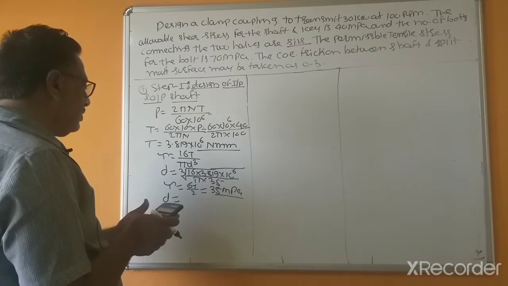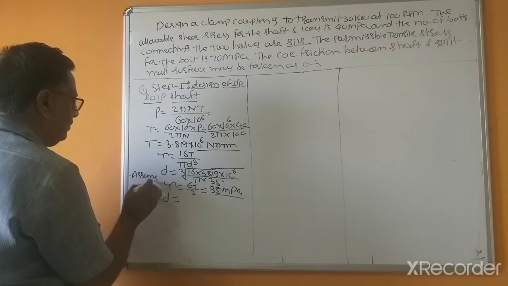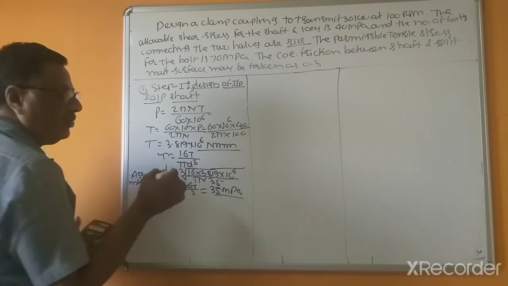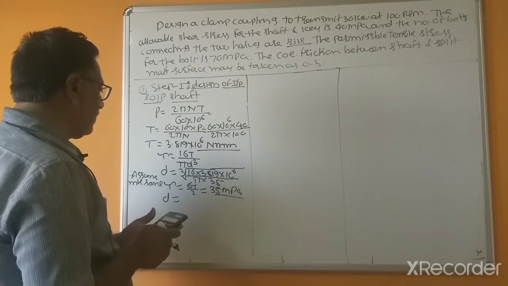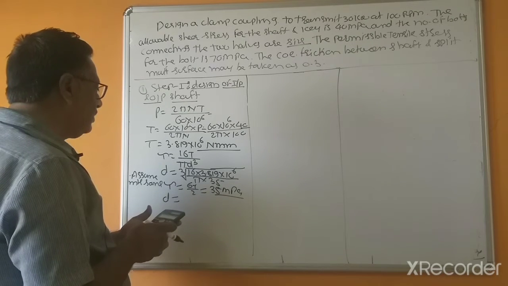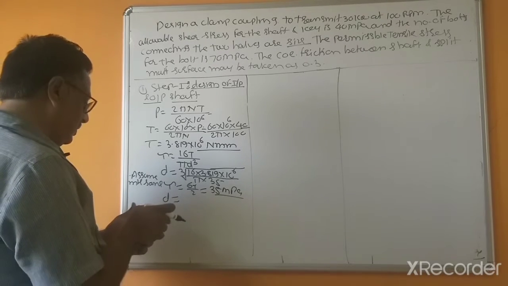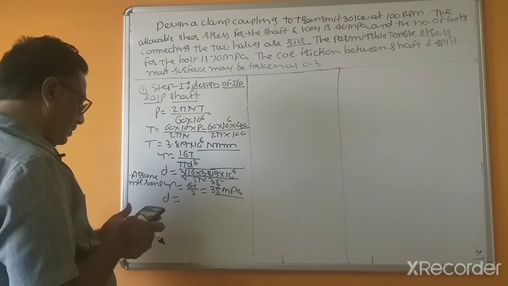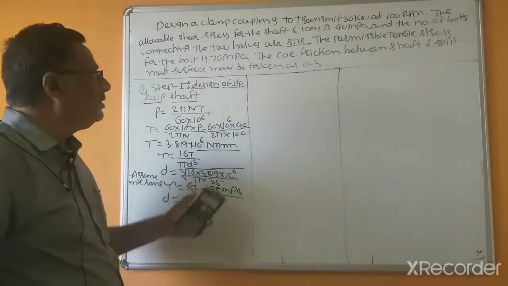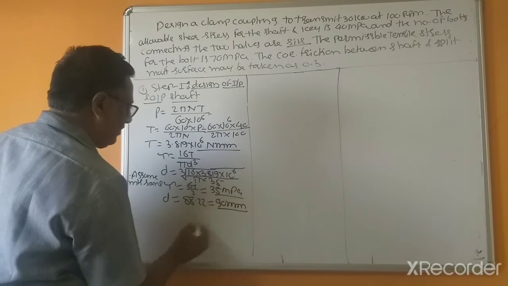We are assuming the material is the same for bolts, shafts and keys. D equal to 82.22. So why is this diameter increased? Because RPM is less. Suppose this is equal to 90 mm.